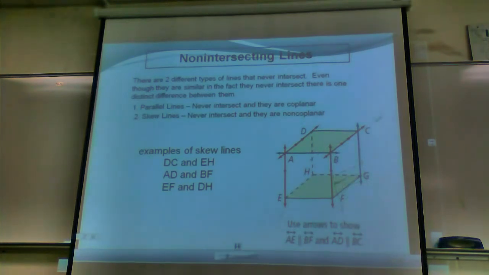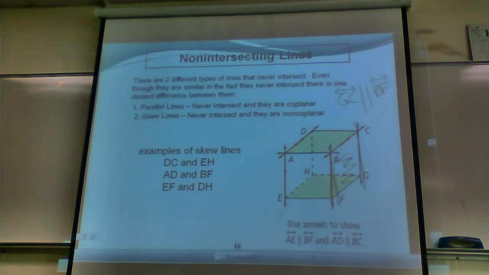They didn't list all of them down there; there'd be a whole bunch of pairs of parallel lines. So if I was looking strictly here, another pair I could pick would be this line here, CG, and this one over here. They're parallel. They're on the same plane, basically on the same face, and they're not intersecting.